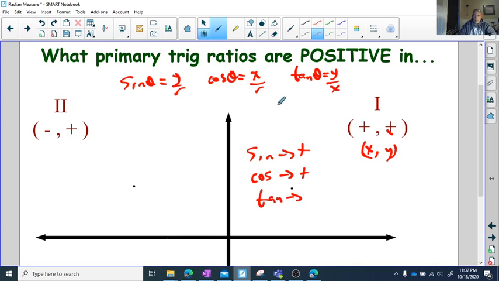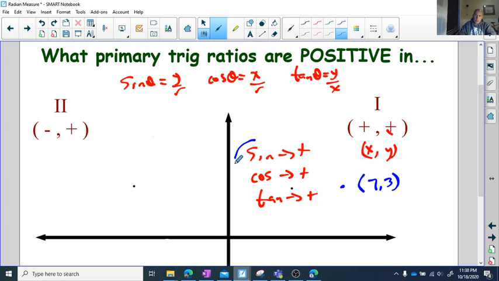Tangent is the y, which is a positive number, divided by the x, which is also a positive number. And if you're more of a numbers person, for example, if I plot this point, it could be 7, 3. Well, then x is a positive number and y is a positive number. I could calculate r if I needed it, which would be this distance here, which is always a positive number, and I would get those ratios.